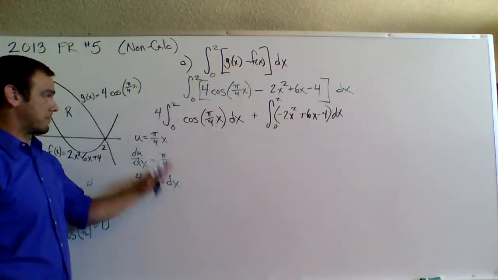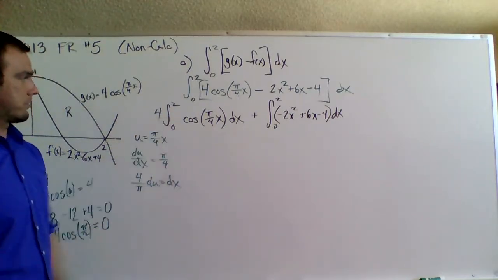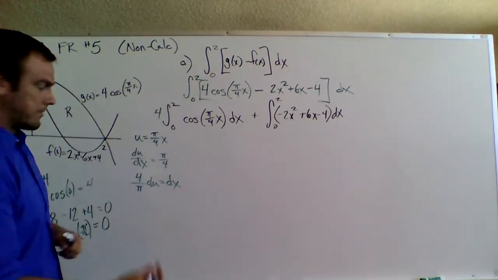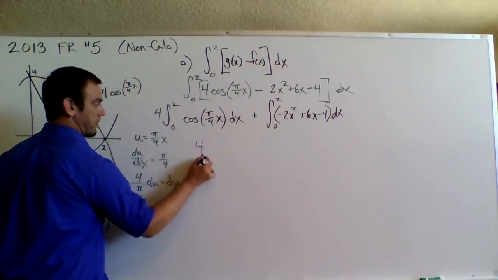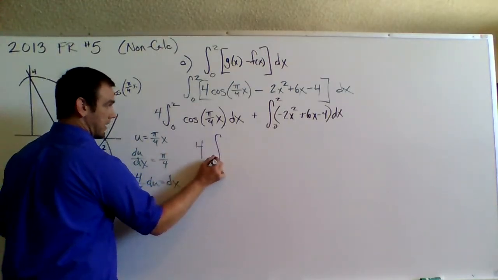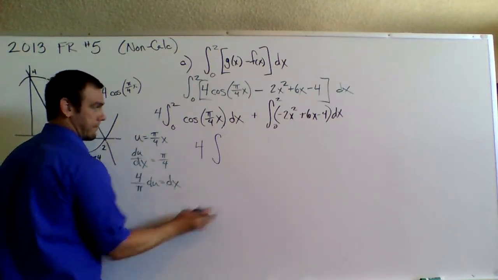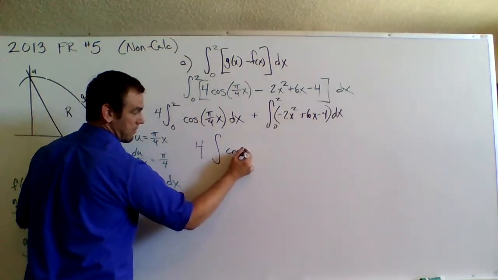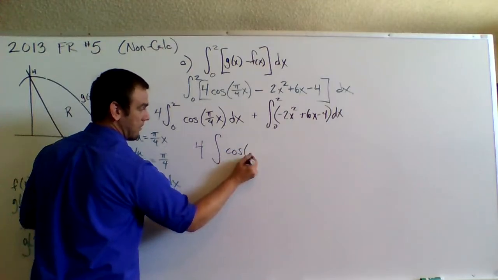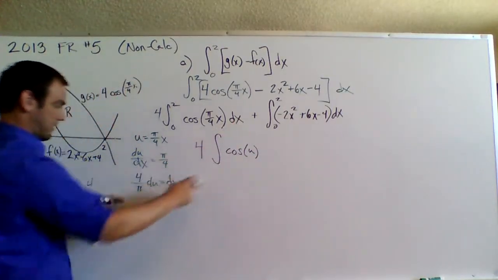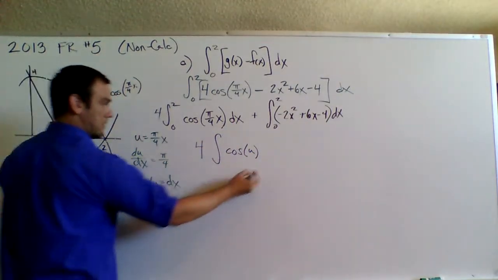So just make sure you're getting it right. So I've got my 4 out front. Integrating, my boundaries are now going to be in terms of u, so we're going to hold off on that. This is going to be the integral of cosine of u. Dx is now going to be pi over 4 du.